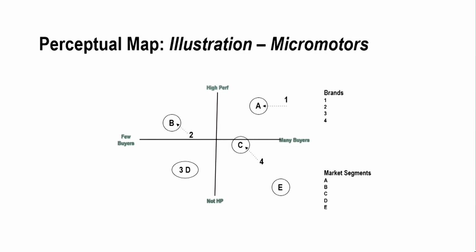The white goods segment will perhaps be here, where there are many buyers and not a very high performance required, whereas high performance required versus many buyers could be automotive. So, brand 1, which is quite strongly positioned for the automotive market, may decide to address the appliance market, and that will be a growth opportunity, where they will have to contend with maybe brand 4 and so on.